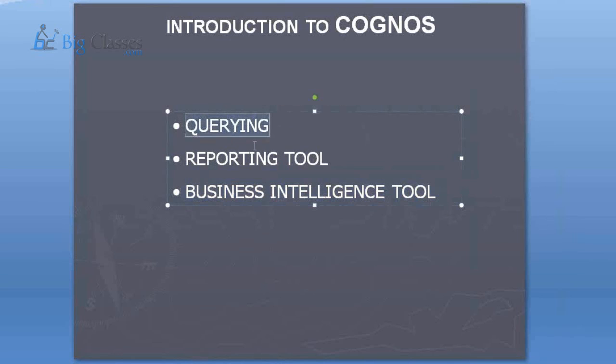Querying: Cognos, being a tool, creates queries automatically. No need to write any select star from anything; the tool is capable enough to write the SQL. By default, it prepares the queries automatically. In a worst case, assume the query prepared by Cognos is not meeting the requirement and I want to edit the SQL.